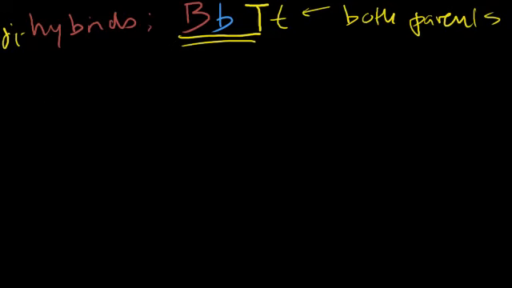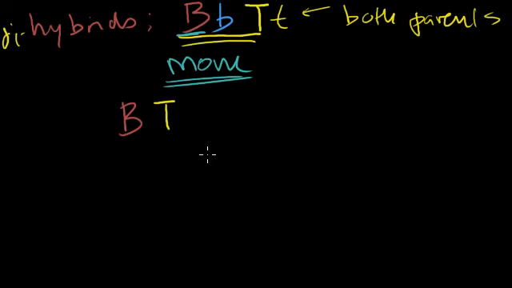So if I'm talking about the mom, what are the different combinations of genes that the mom can contribute? Well, for each of these traits, she can only contribute one of the alleles. She could contribute this brown right here, and then the big T. So this is one combination.